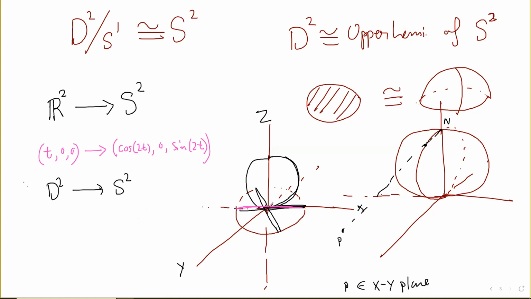So far I've taken this pink line segment in D2, and then you just fold it. I've given an explicit formula, and you can do this for every line. Instead of this line, just rotate it and do it. Is that right?